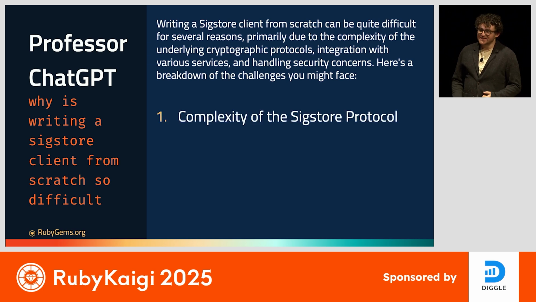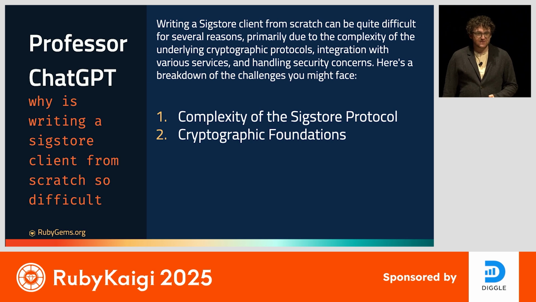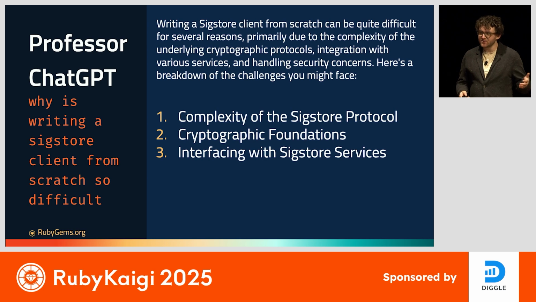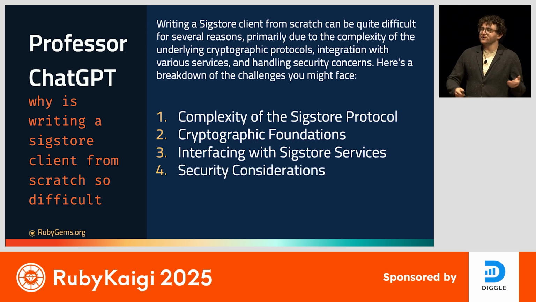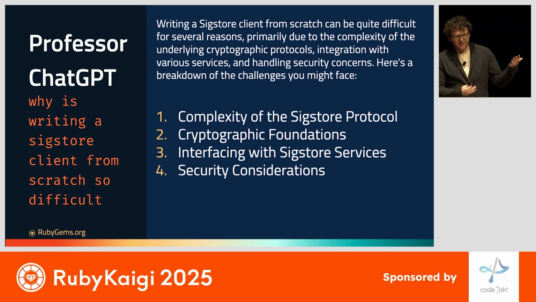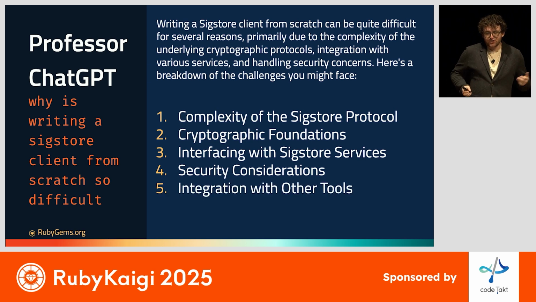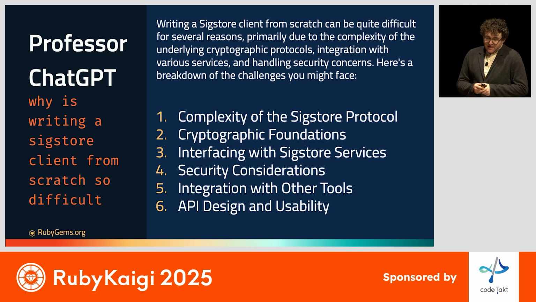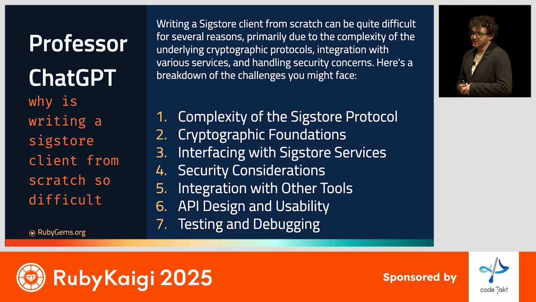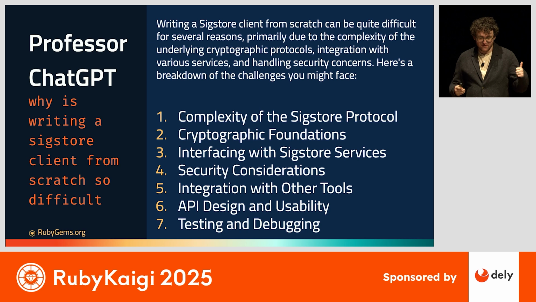There's the complexity of the sigstore protocol. There's the sheer volume of the cryptographic foundations. There's interfacing with all the different services, all the security configurations. I love how that's just a bullet point. We're building a security library. One of the challenges is the security. Real helpful. Integration with other tools, API design and usability, testing and debugging. So basically everything about building a sigstore client from scratch is difficult. Thanks, ChatGPT. Makes me feel better.